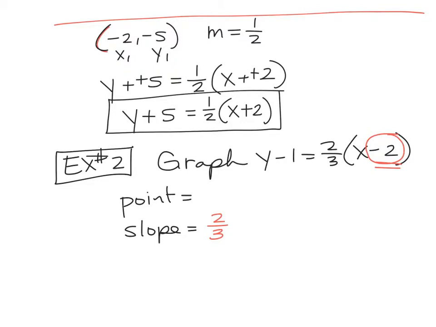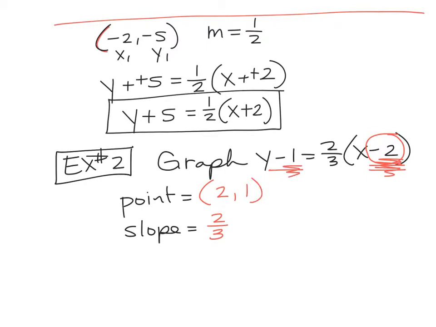It's the opposite of that. So if it looks like a negative 2, my point is actually a positive 2. Okay? Now the other issue is your y comes first and then your x, but when you name a point, it goes x first and then y. So you have to switch them and then make them the opposite of what they look like they are. Does that make sense? So my point right now in this setup is 2, 1.